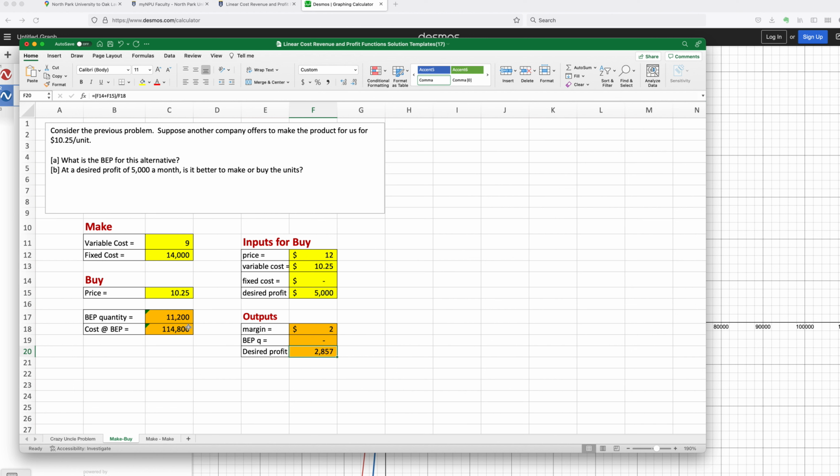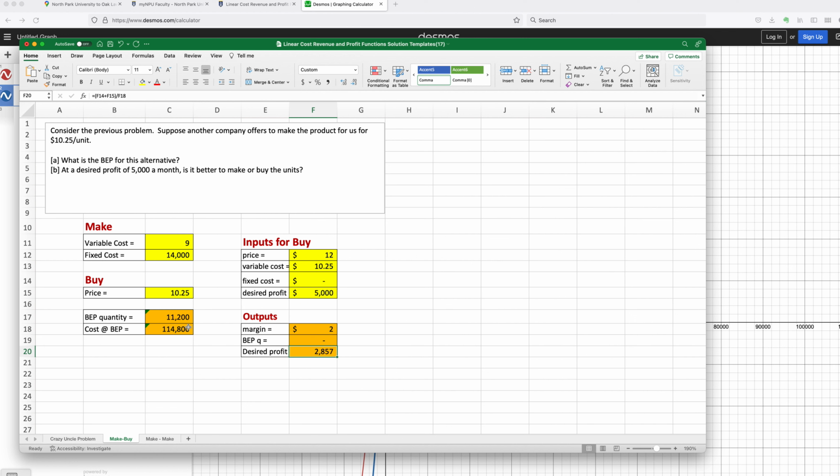The second part, at a desired profit of 5,000 a month, is it better to make or buy the units? Given for both alternatives, make and buy, the volumes needed to achieve a profit of 5,000 per month is less than the break-even quantity of 11,200.